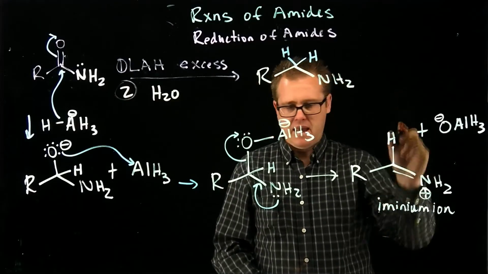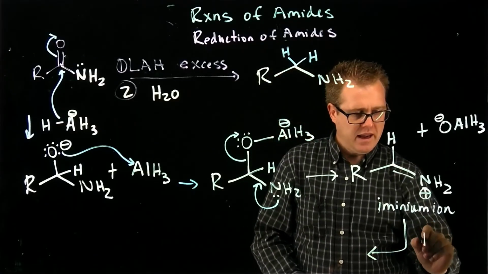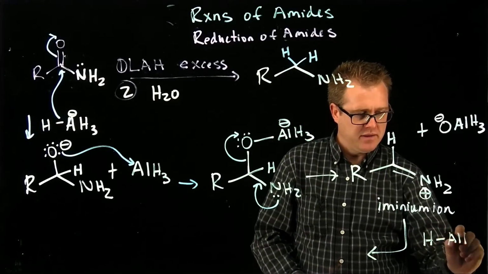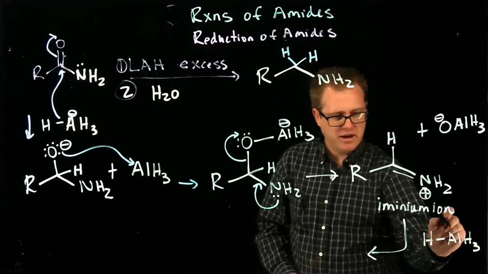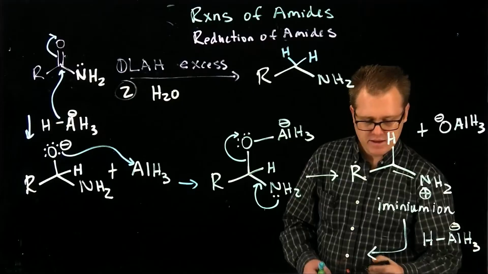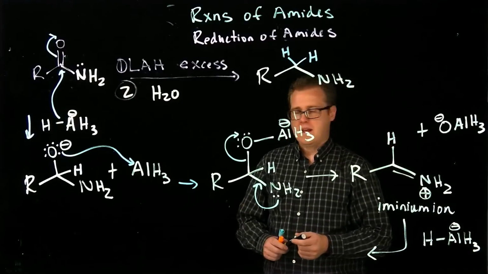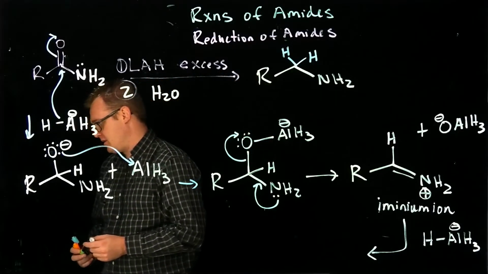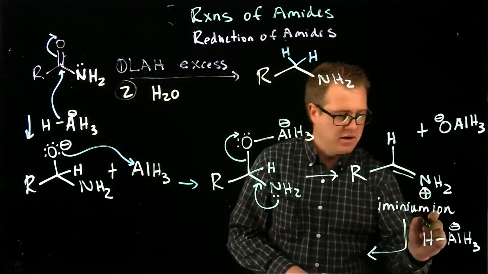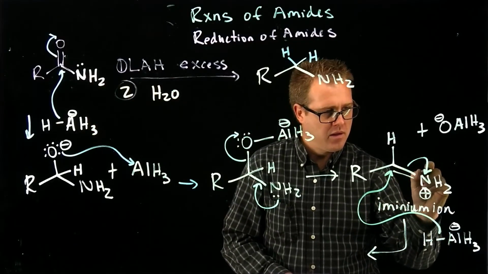So we can now take, let's go down this way here, a second equivalent of the lithium aluminum hydride, like so. And now we can use that to add another electron or another hydrogen, like so.